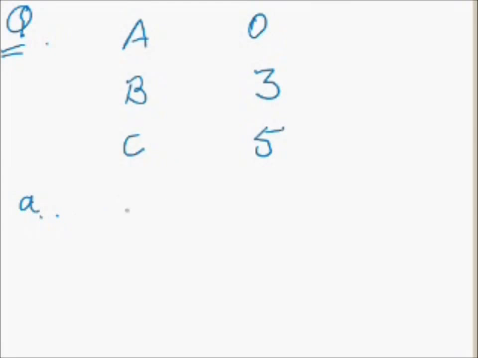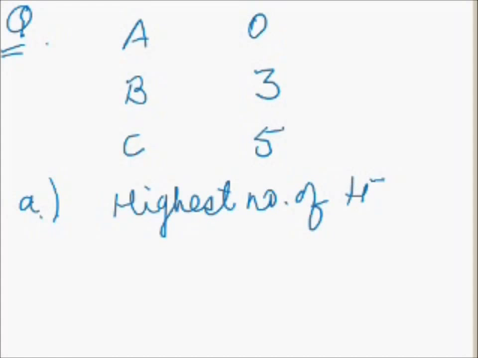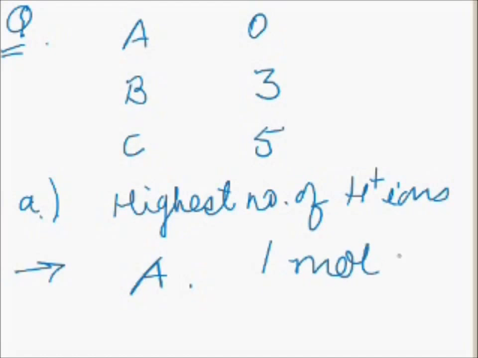Question number 1 says, which solution has highest number of H positive ions? The answer is A. The solution A has highest number of H positive ions since the concentration of H positive ions in this solution is 1 mole per liter.